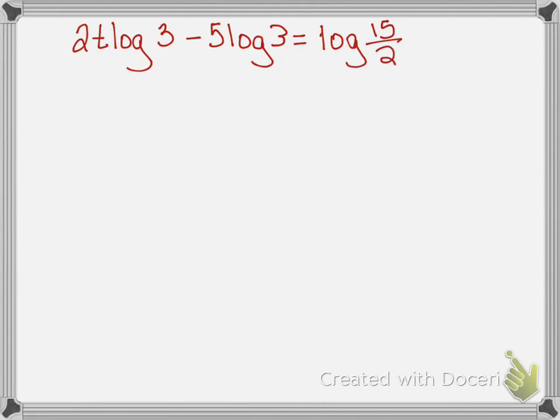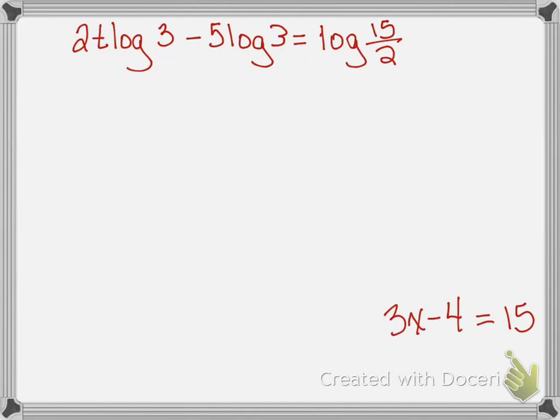What am I solving for? What am I trying to isolate? What variable? T. So I need to start getting things away from the t. If I had 3x minus 4 equals 15, what would I do next?